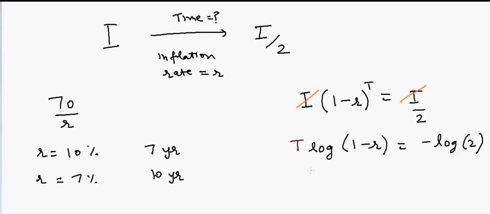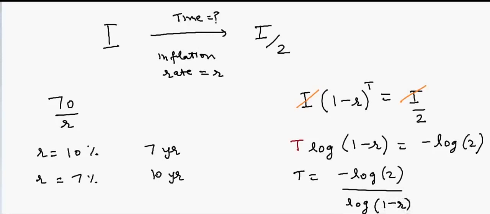So in that case, t will be equal to minus log of 2 divided by log of (1 minus r), right? So instead of doing this complicated calculation, we can use this trick, but let's do this complicated calculation in Excel and see how this trick was made.